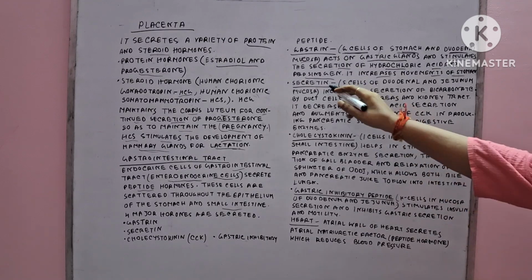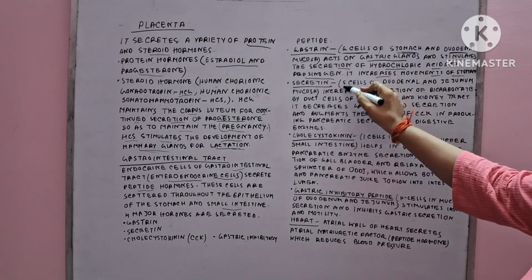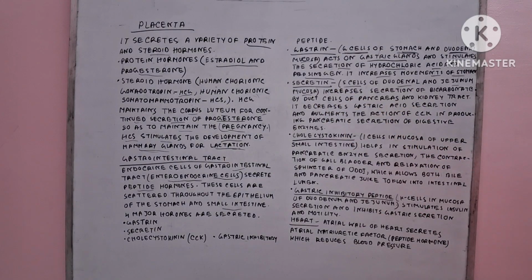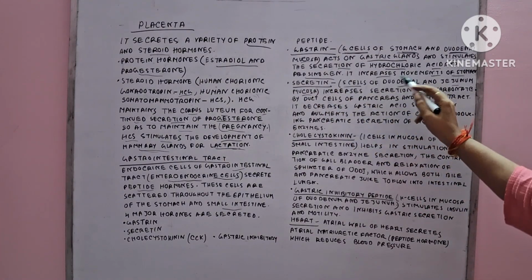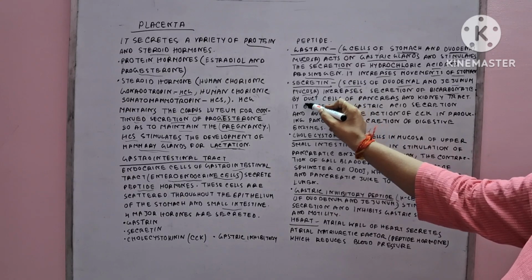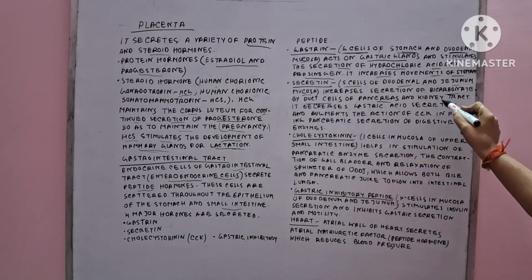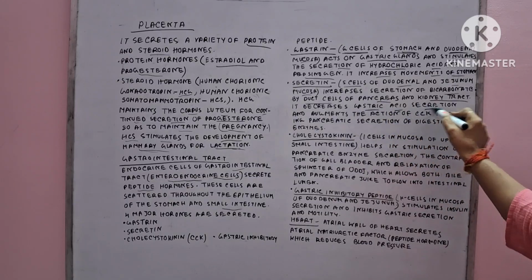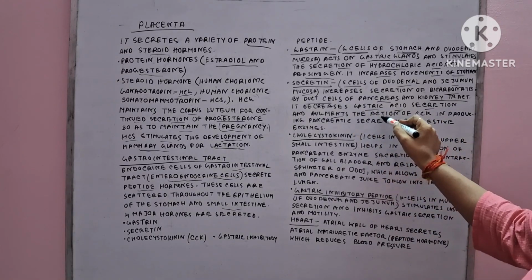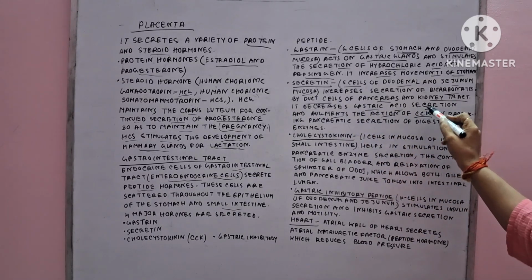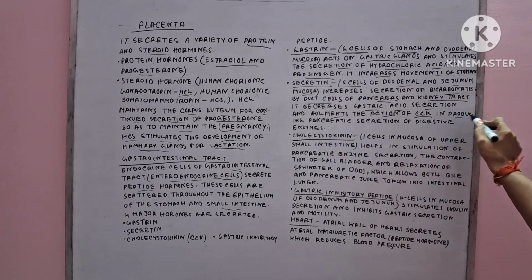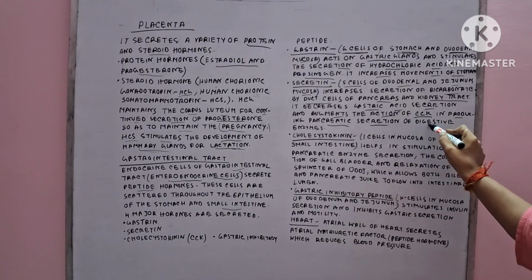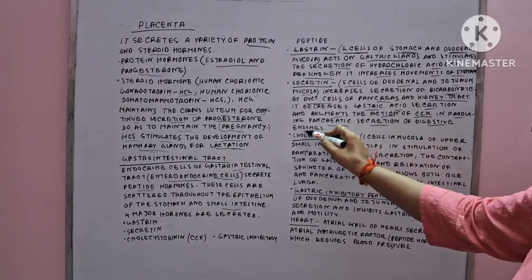The secretin is secreted from the S cells of the duodenal and the jejunum mucosa, and it increases the secretion of bicarbonate by the duct cells of the pancreas and biliary tract. And it decreases the gastric acid secretion and augments the action of the CCK, that means cholecystokinin, in producing the pancreatic secretion of digestive enzymes.